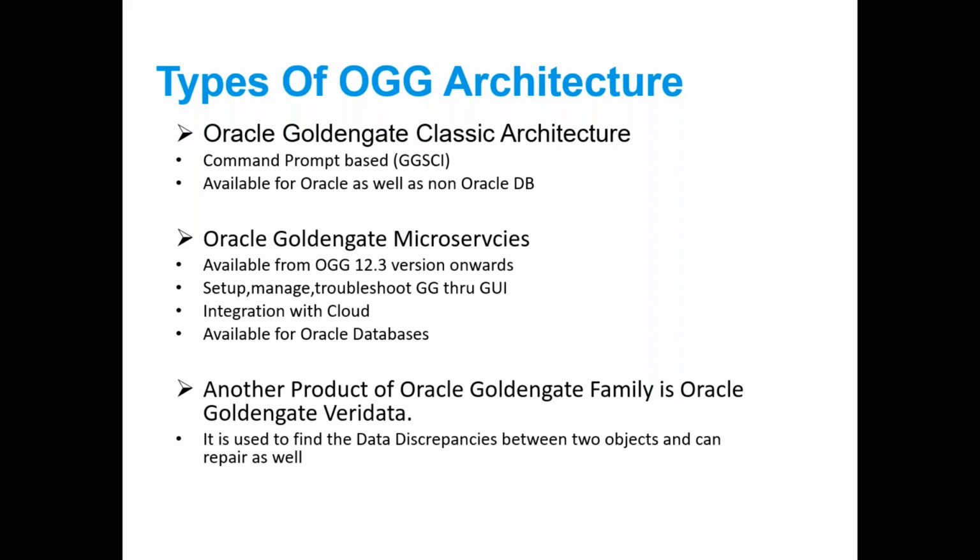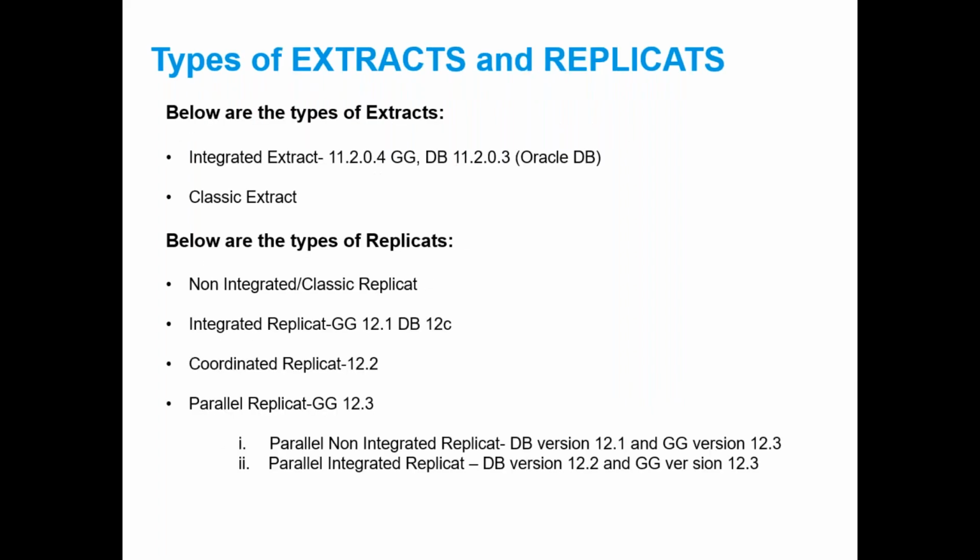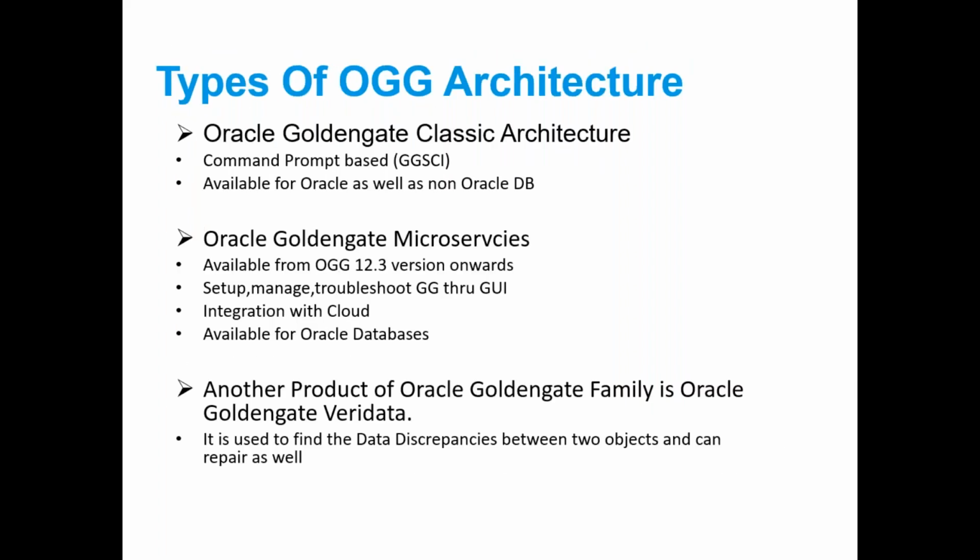One is classic architecture and second is microservices architecture. GoldenGate, as I told you, was founded in 1995 and it was named after the famous San Francisco Golden Gate Bridge. In 2009, Oracle took it over, and since then it is known as Oracle GoldenGate.